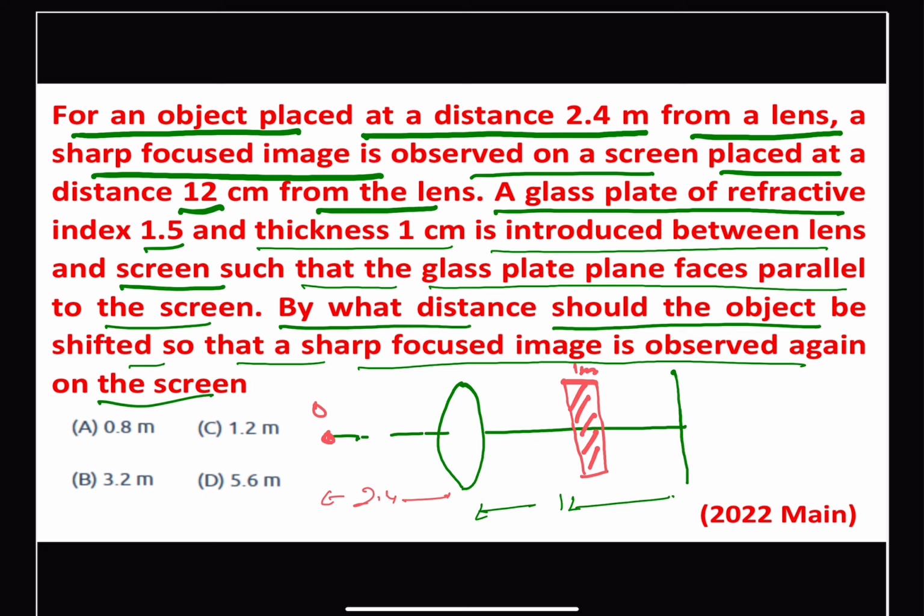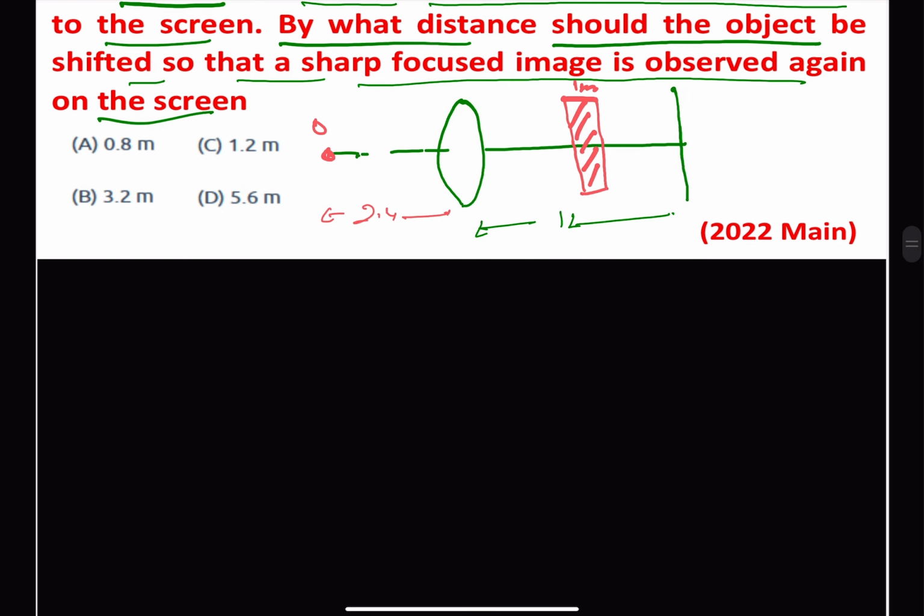So first of all, we are going to find out the focal length of the lens, and for that we can use the formula for lens: 1 upon f is equal to 1 upon V minus 1 upon U, where U is negative 2.4 and V is positive, given as 12 centimeter.